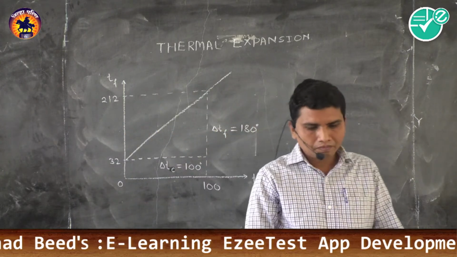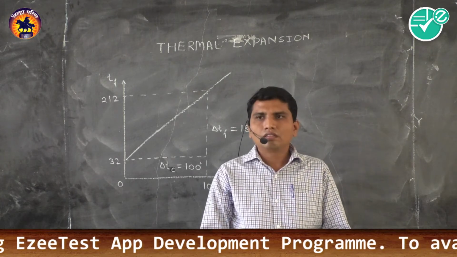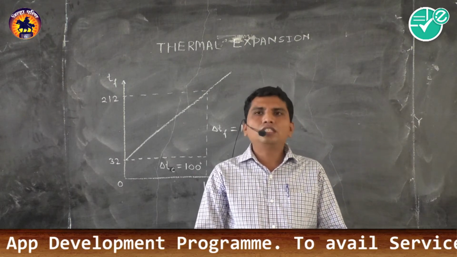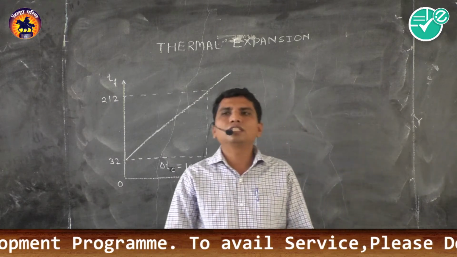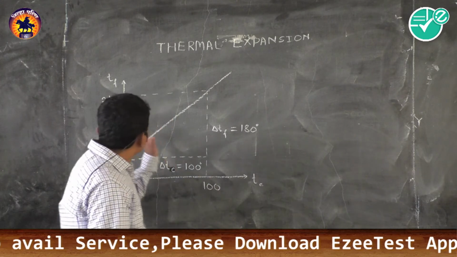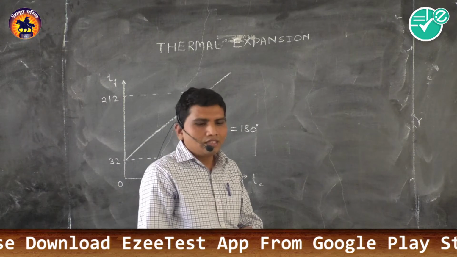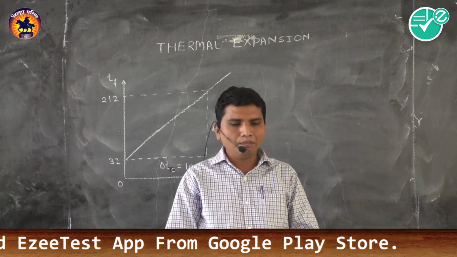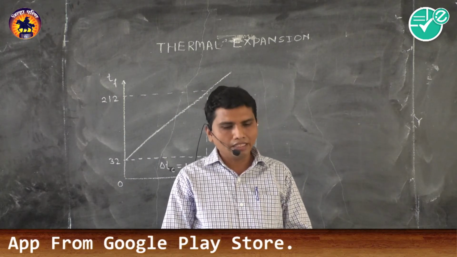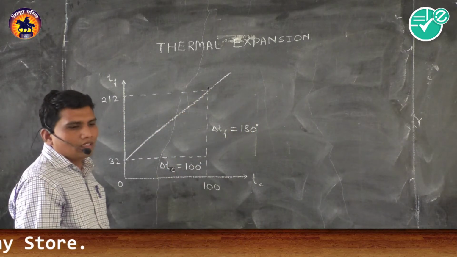This graph shows the Celsius temperature versus the Fahrenheit temperature, and the graph is a straight line.